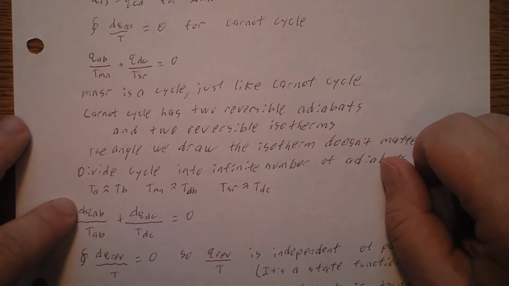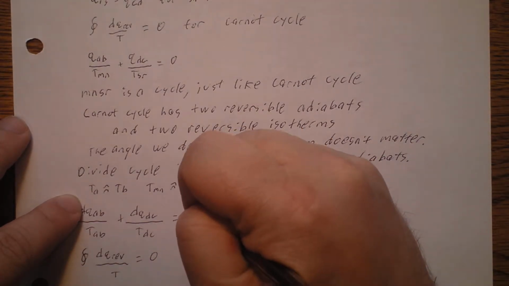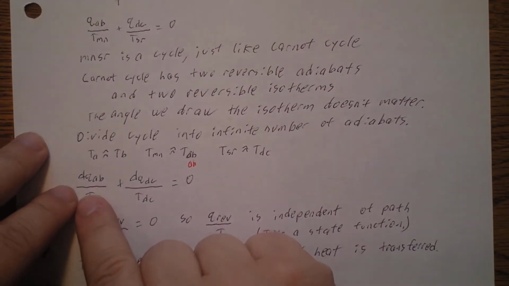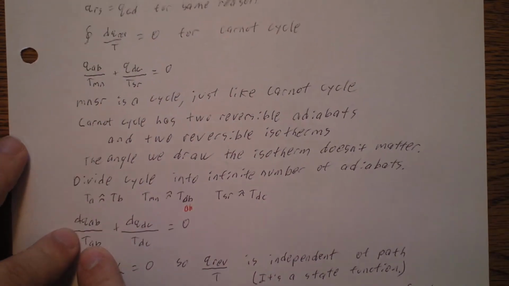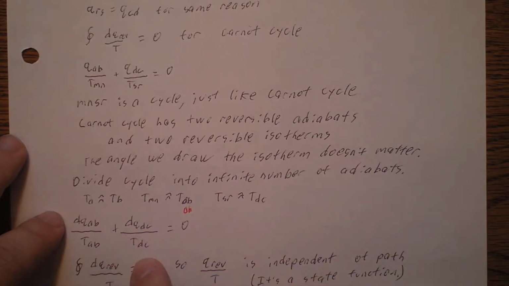TSR is roughly equal to T DC, etc. Okay, so the dq from AB over the temperature AB is equal to the dq DC over TDC.